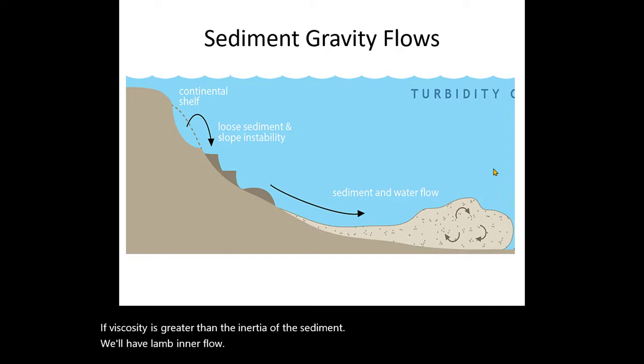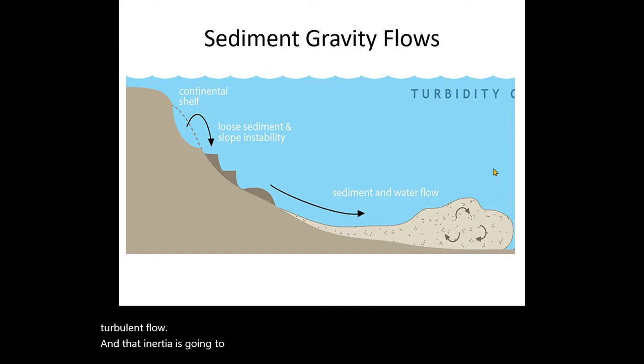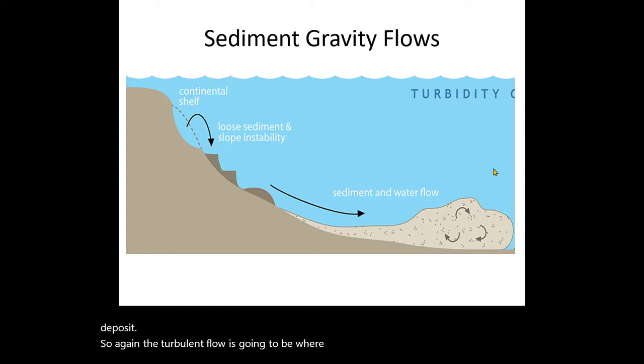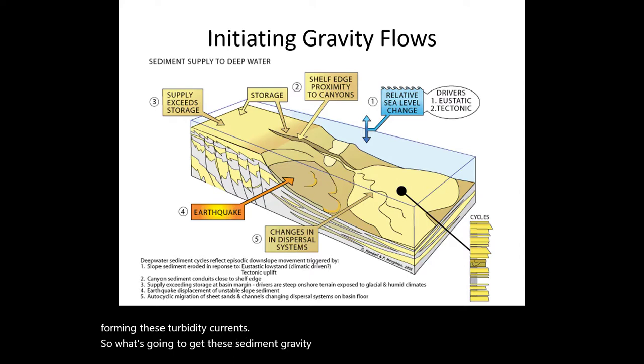If the inertia, so this motion of all of the flow, is greater than the viscosity, then we're going to have turbulent flow. And that inertia is going to be dominated by density, fluid velocity, and the length of the deposit. So again, the turbulent flow is going to be where we have a mixing of fluids and sediments, forming these turbidity currents. So what's going to get these sediment gravity flows started on the slope?